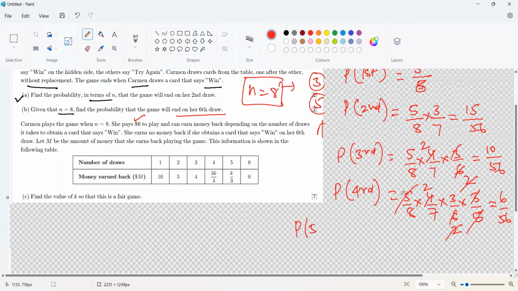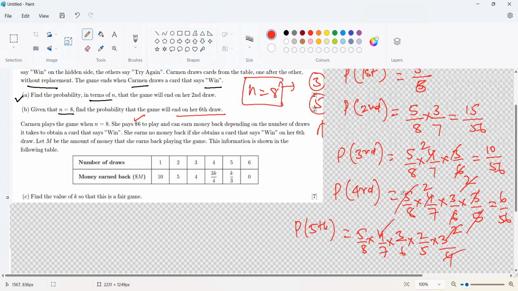Winning in the fifth chance, that is 5 upon 8, 4 upon 7, 3 upon 6, 2 upon 5, loses in the first four, and wins in the last, fifth one. So which is 3 winning cards out of 4.